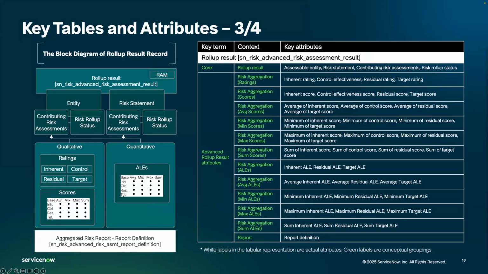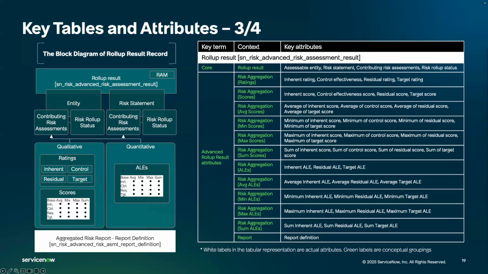Minimum scores show the lowest values, useful for identifying your best performing areas. Maximum scores show the highest values, critical for identifying your worst case exposure. And sum of scores that totals everything up is useful for understanding cumulative exposure.